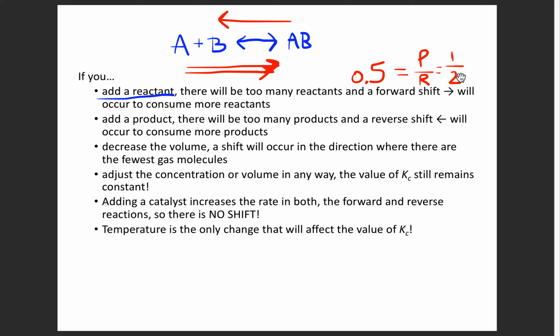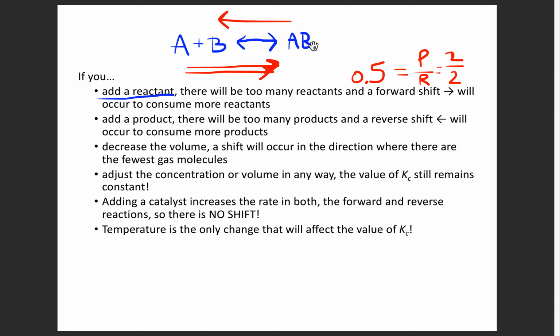So if K is a constant and you increase products, for example, let's say we increase AB, well, now you're not going to have a half anymore. So this reaction has to shift in a way to maintain that value of a half, or 0.5. So if I have too much of this, let's just say we increase this to 2 molar, well, now that equals 1.